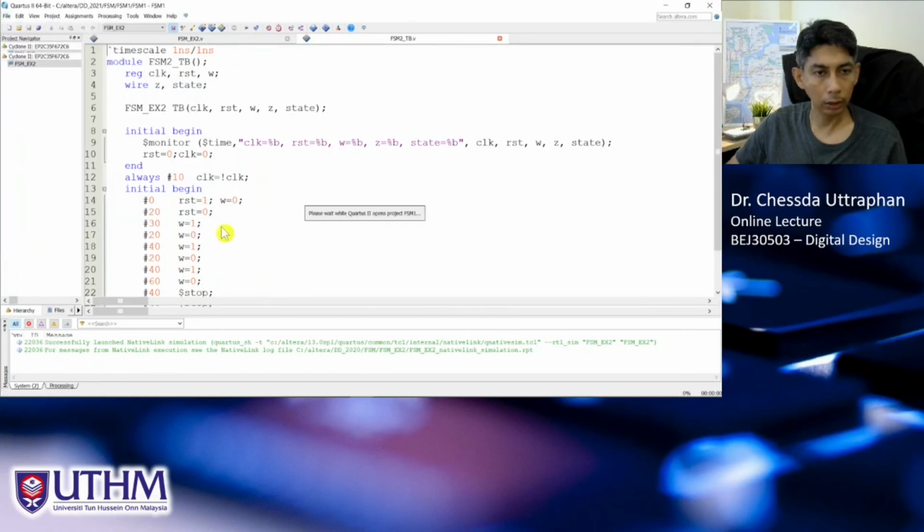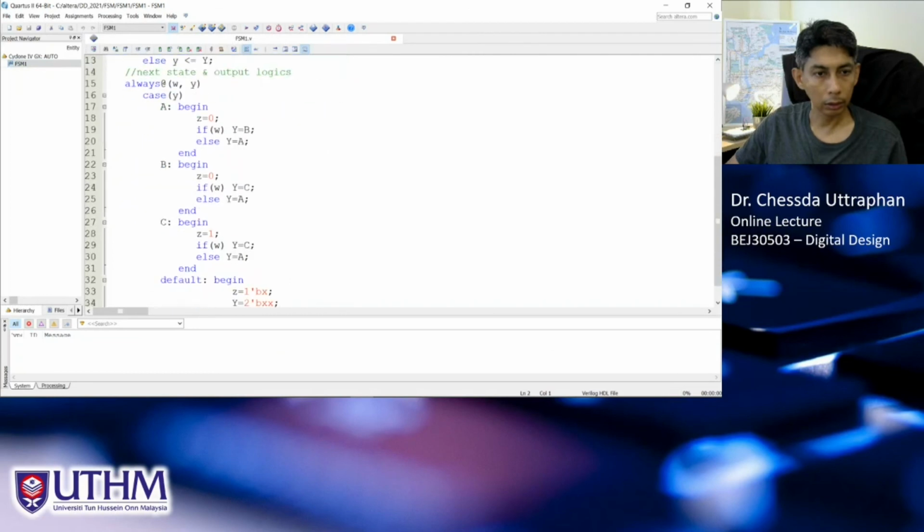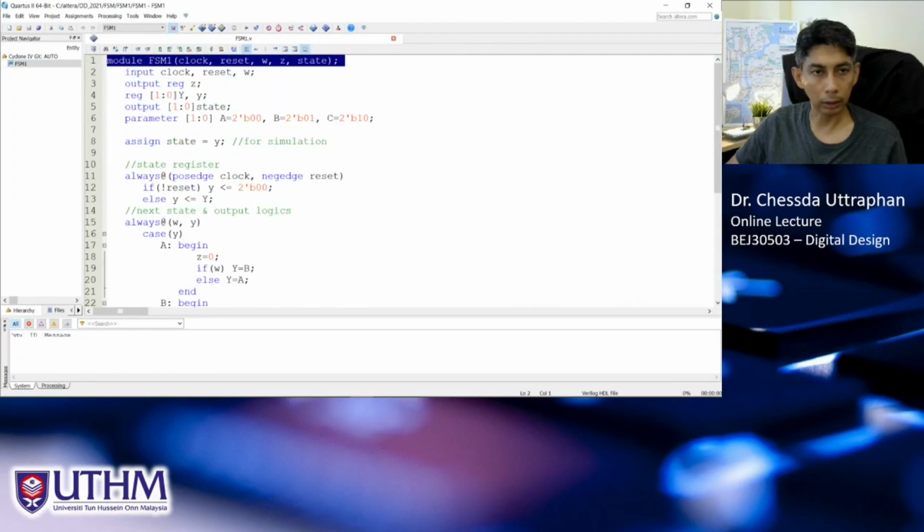Should be this one. Yes, this is the Moore state diagram, and just simulate this.